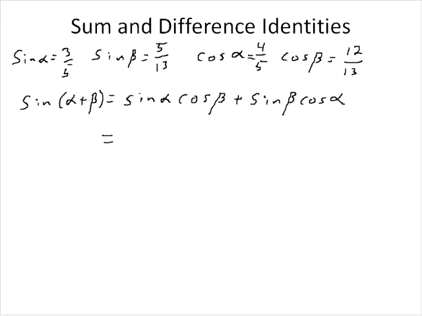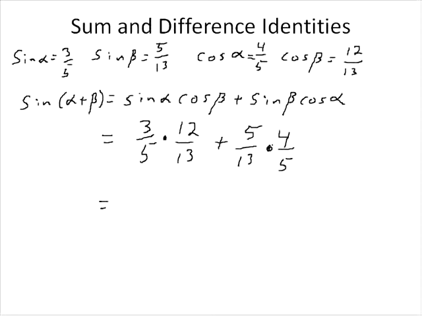So just filling in what we know, the sine of alpha is 3/5, so that's 3/5 times the cosine of beta, and the cosine of beta is 12/13, plus the sine of beta, which was 5/13, times the cosine of alpha. Cosine of alpha is 4/5.